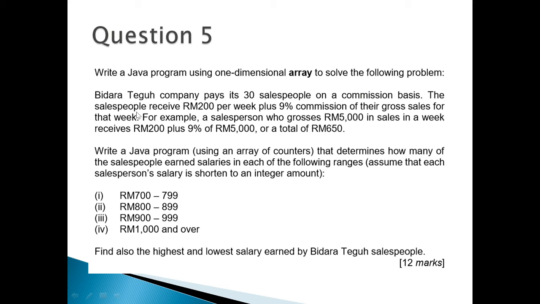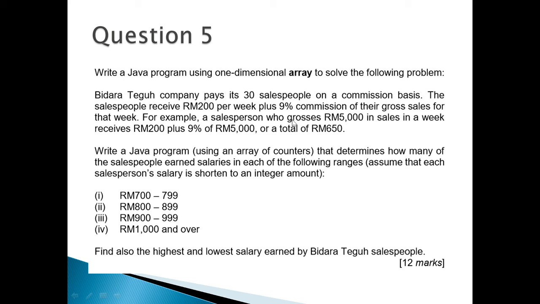The salespeople receive 200 per week plus 9% commission of their gross sales for that week. So you need to calculate the salary per week, and you need to create the formula for their salary according to this statement.